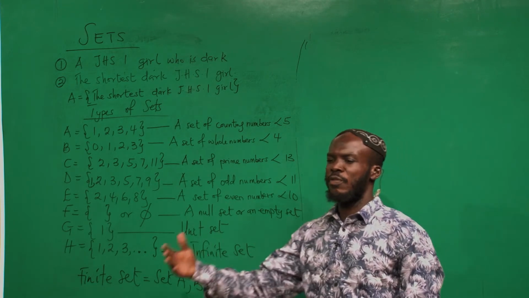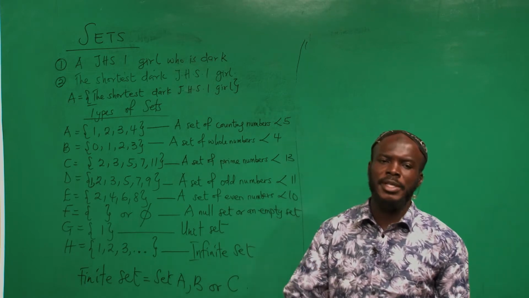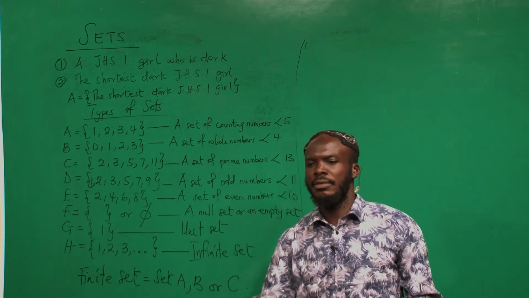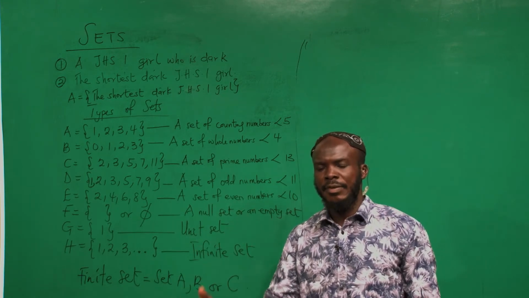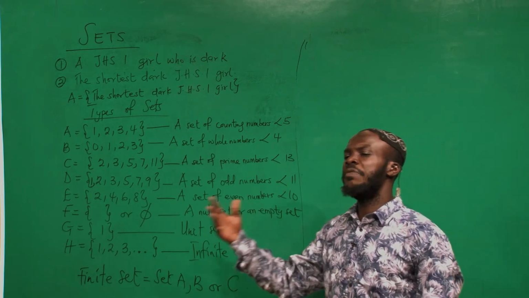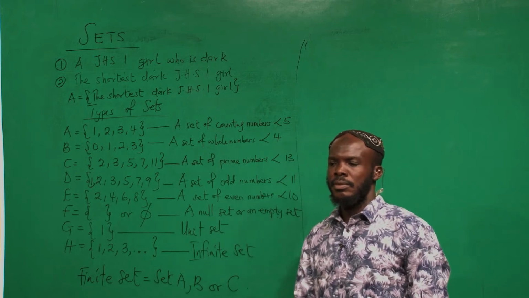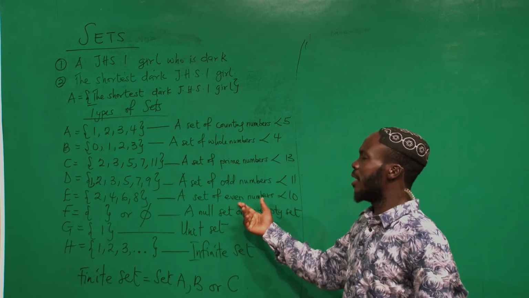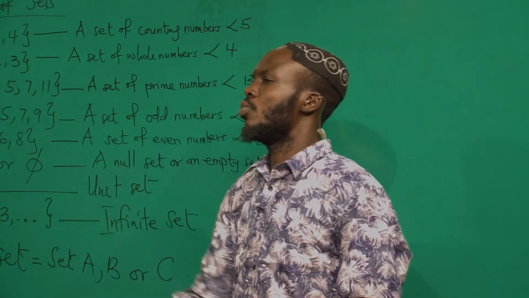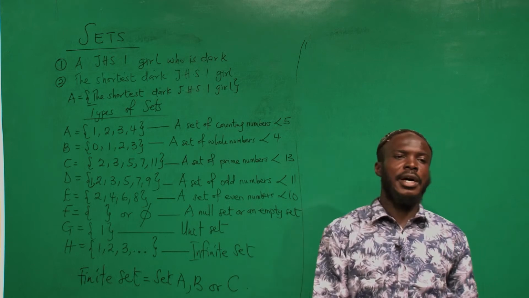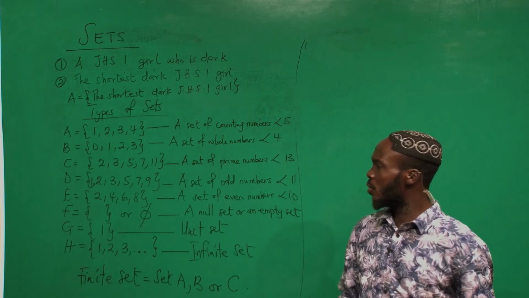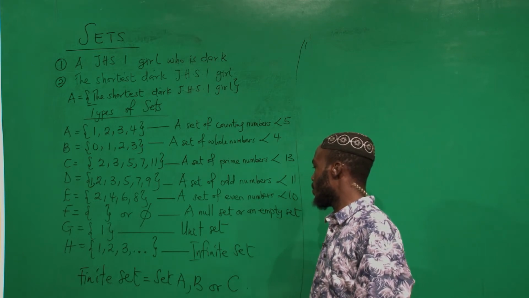But what is a set of odd numbers? A set of odd numbers are numbers that start from 1, 3, 5, 7, 9, 11, 13 to infinity. Now, what is an even number? An even number is a number that can be divided by 2 without a remainder. So this means that 2 can divide that number exactly without a remainder.